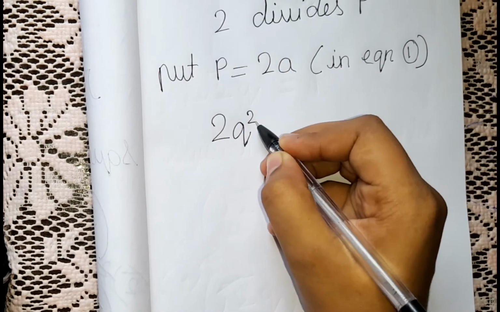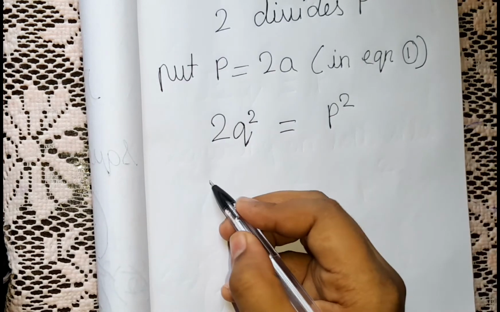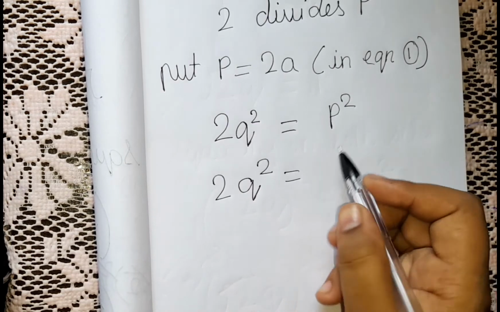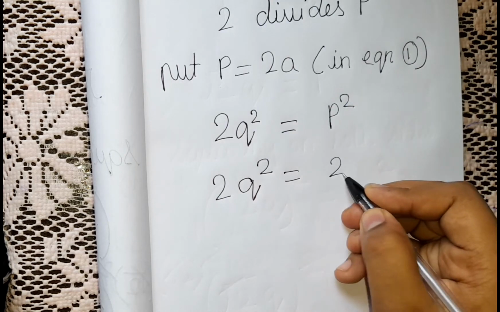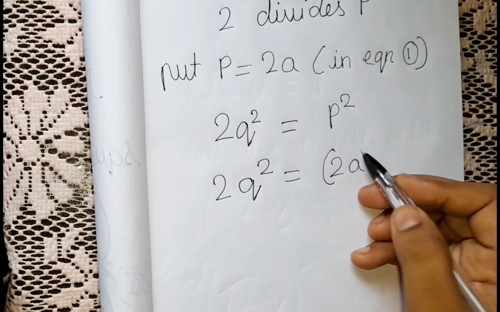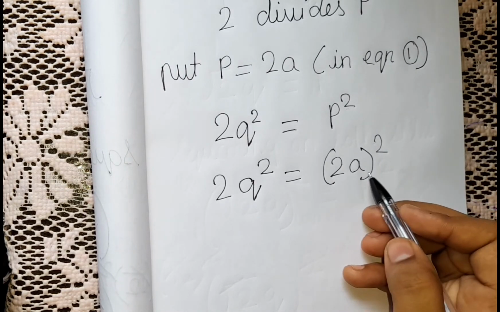2 into q square is equal to p square. Now let's write 2 into q square is equal to, here instead of p we are supposed to write 2a. So 2a, and p has a square, so we should write 2a the whole square. So this 2 belongs to 2 as well as a.